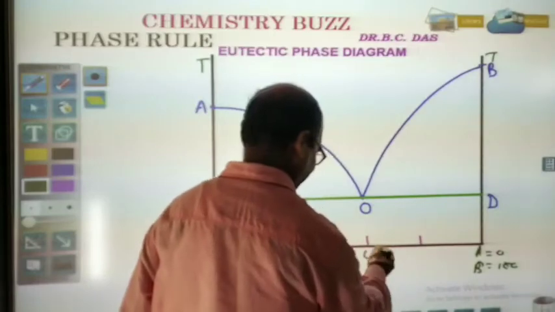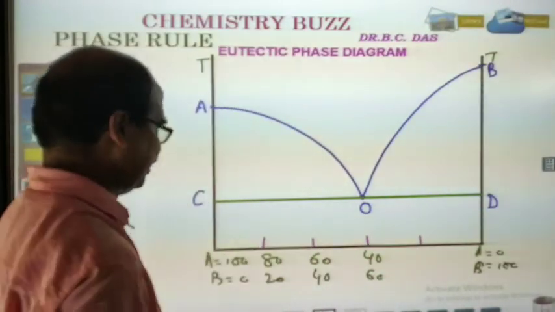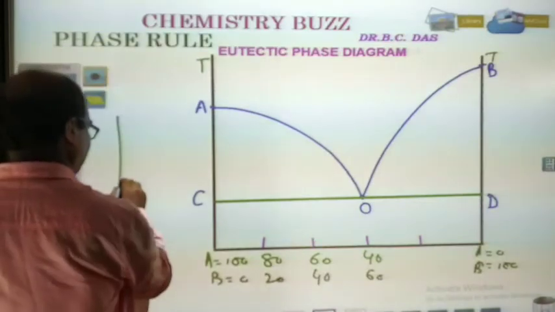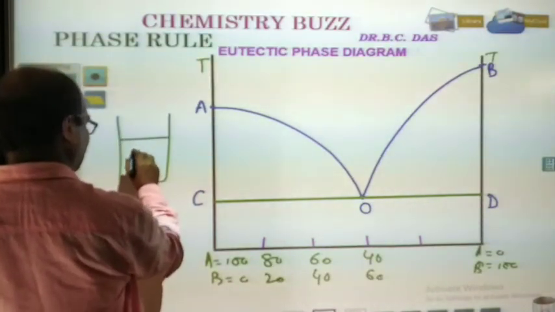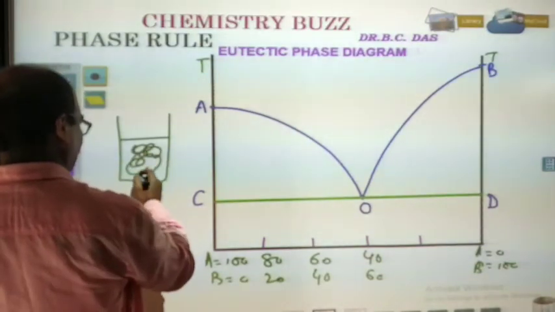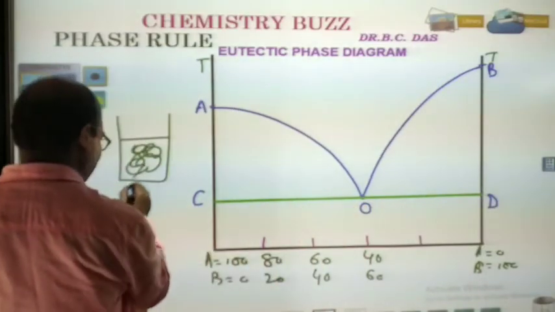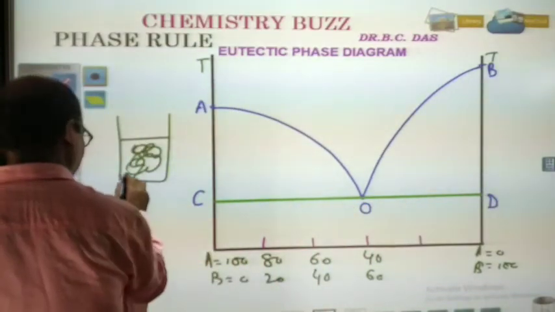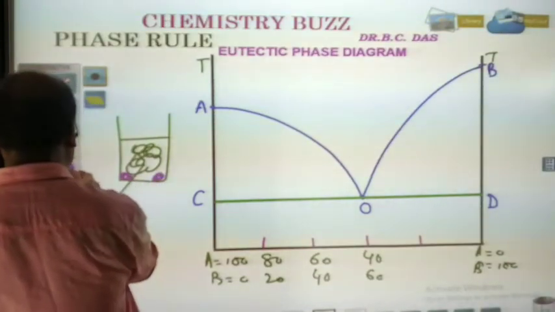If we take directly the 40:60 mixture and heat it to a very high temperature, then at this point the separation of solid A and solid B will start here.